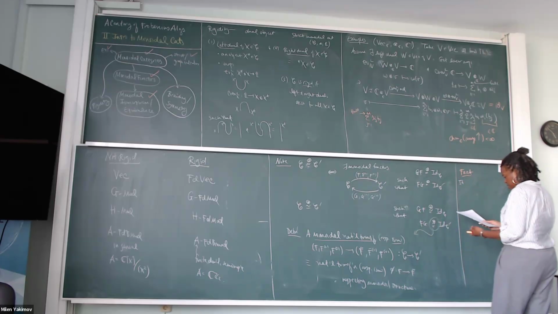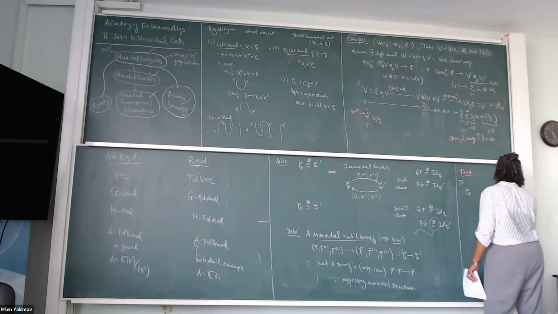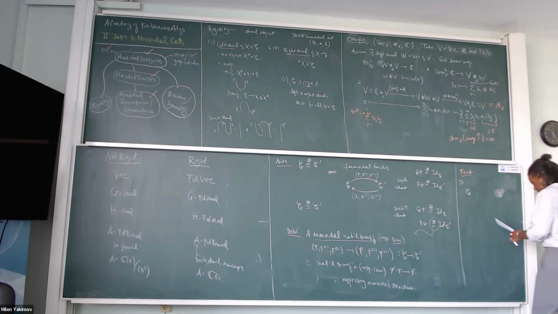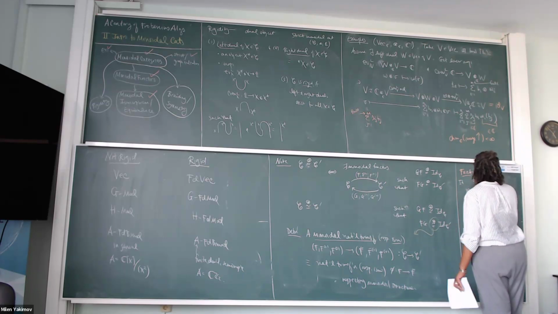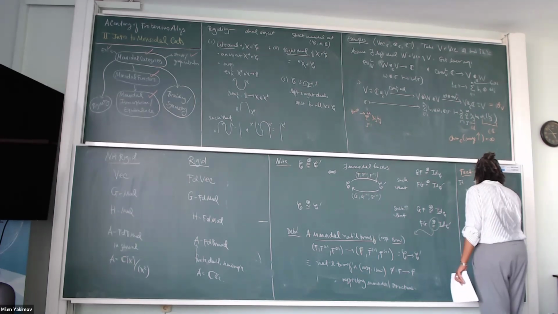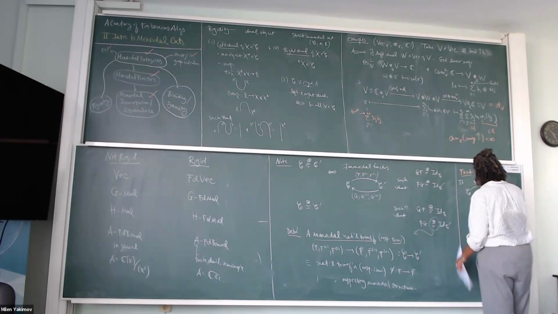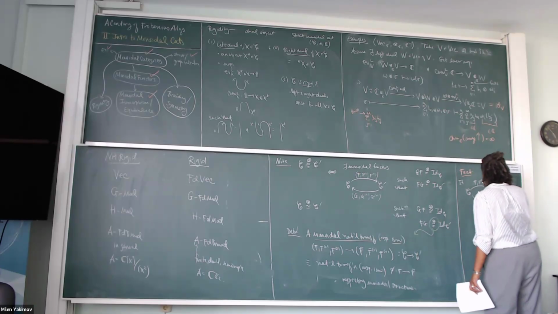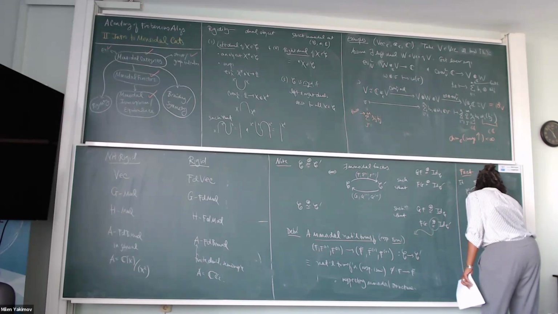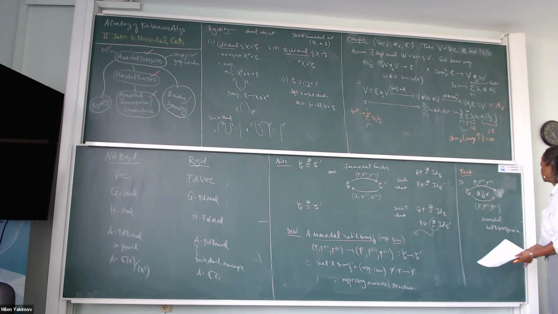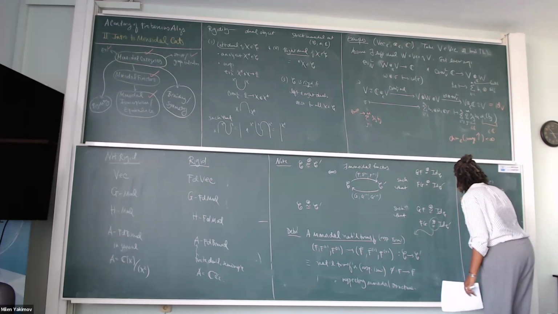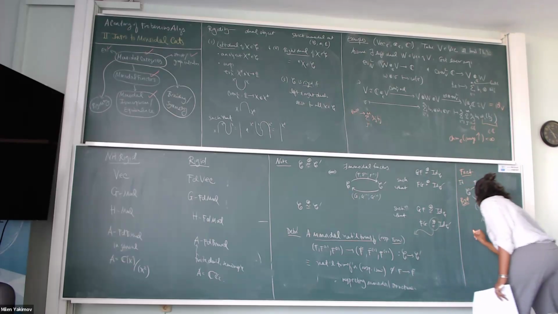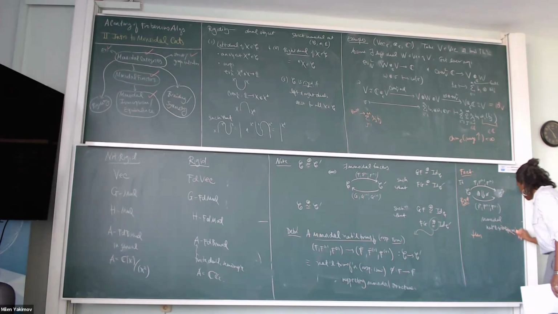If I have some monoidal categories, C and C prime, and I have two monoidal functors between them, F and F tilde, and I have a monoidal natural transformation between them. If the source C is rigid, then that monoidal natural transformation is automatically a monoidal natural isomorphism.